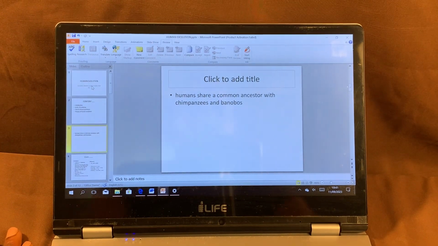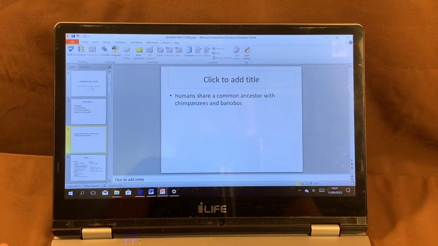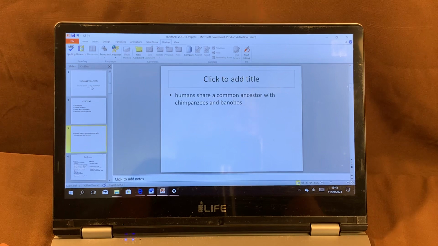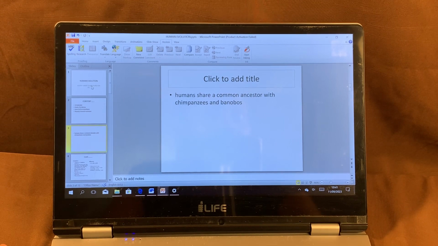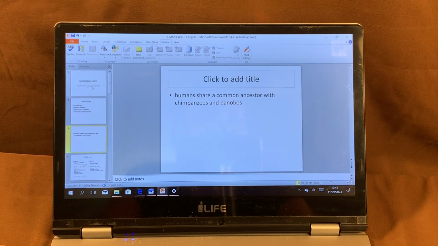So it's kind of obvious that your blood is going to be the same. Facially, you're going to be the same. Somehow you're going to behave like your mom, or like your dad, and look like your mom, or like your dad, or a combination of both, right? So we're saying that humans share a common ancestor with chimpanzees and bonobos.